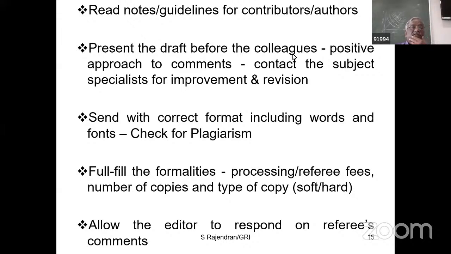Also, the researcher, the contributor, the author should present the draft before your own colleagues, keeping a positive approach to receive critical comments. Contact the subject specialist in your area. You can send emails and get comments for improvement and revision.